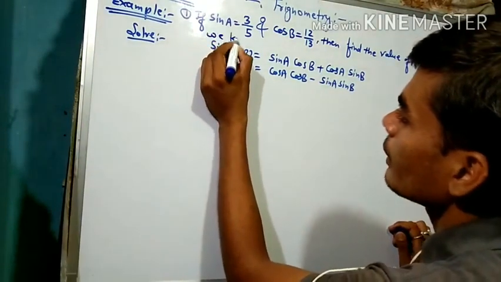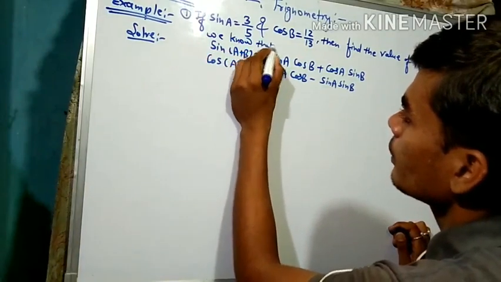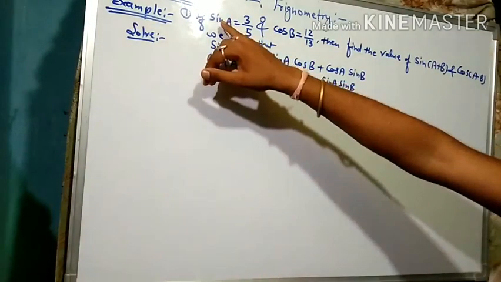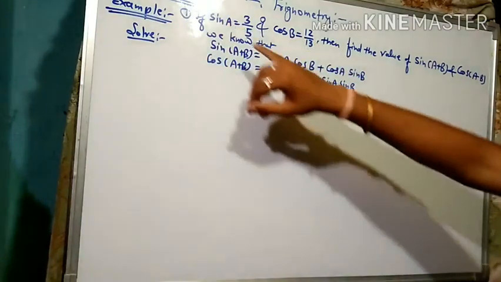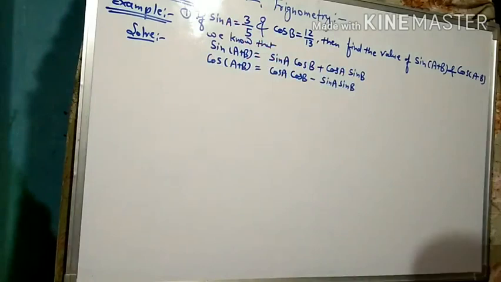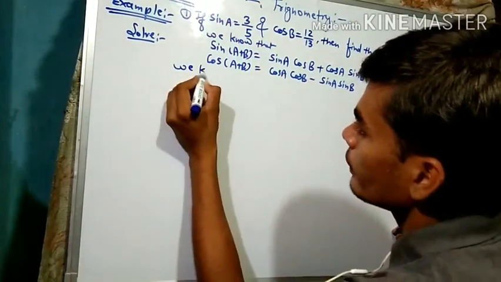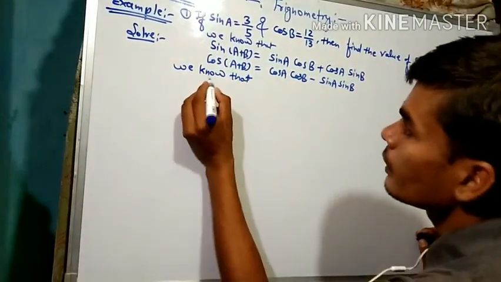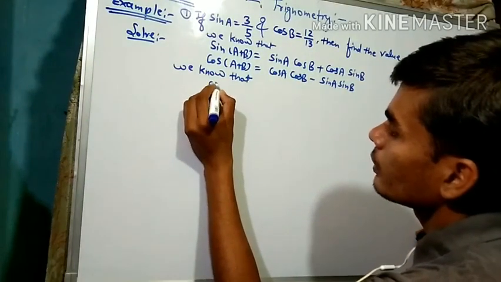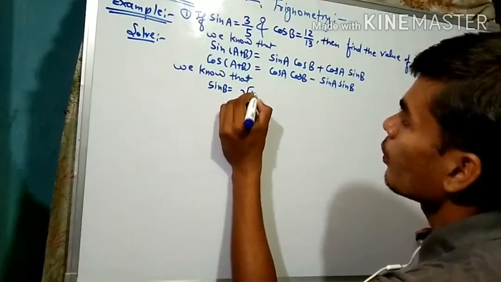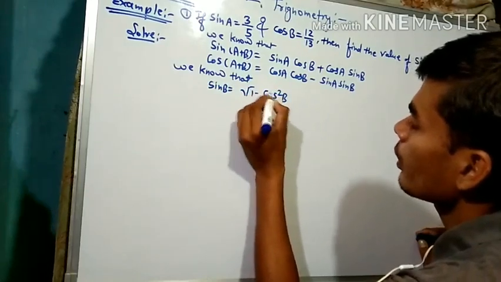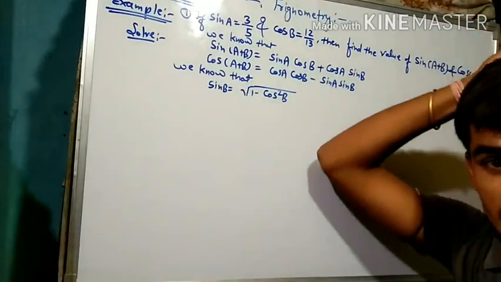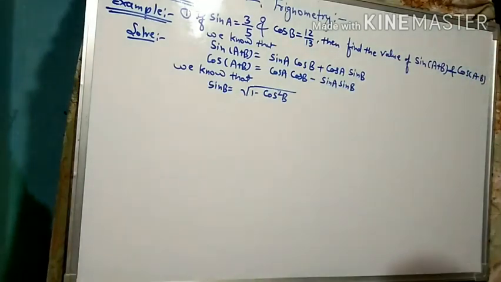Now the given values are sin A and cos B, and we have to find the value of sin B and cos A. We know that sin B equals the square root of 1 minus cos square B. This is a basic identity of trigonometry that we discussed in a previous video.